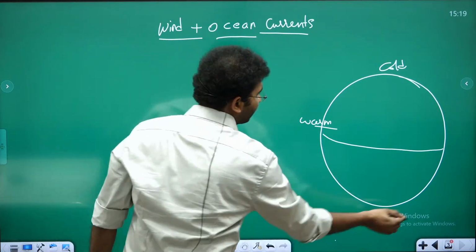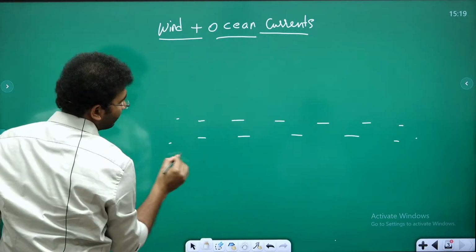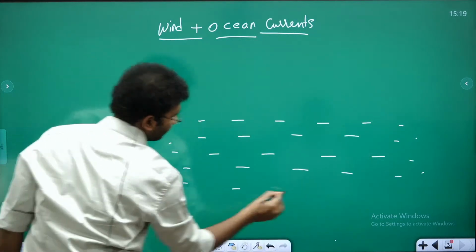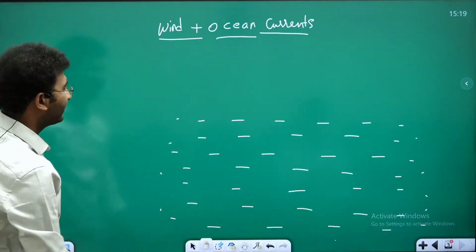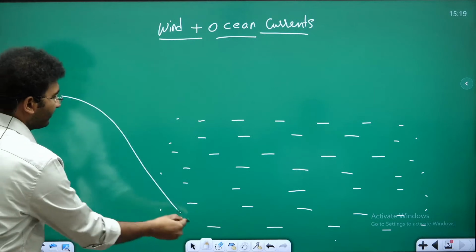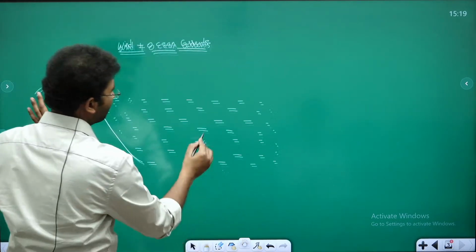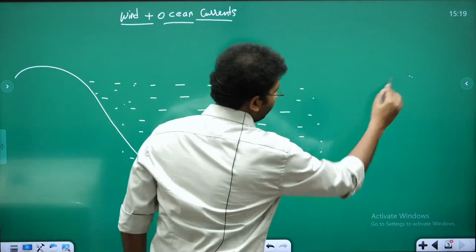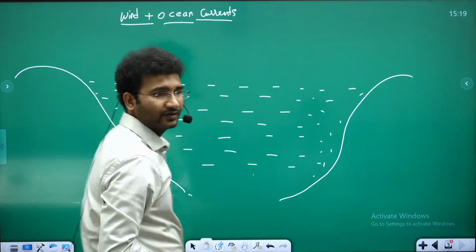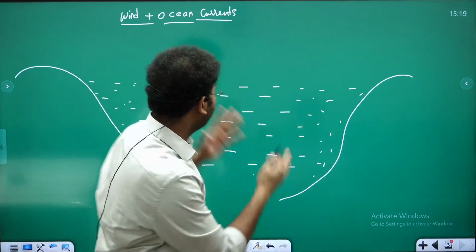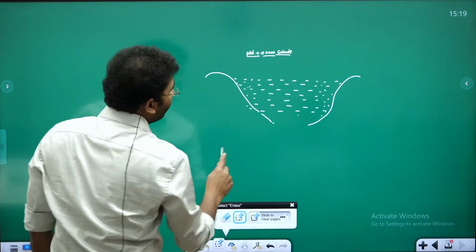See, imagine that this is your ocean. On either side of the ocean, you have some land. This is your land, and then you also have land here. So let's keep this area in the wind belt.